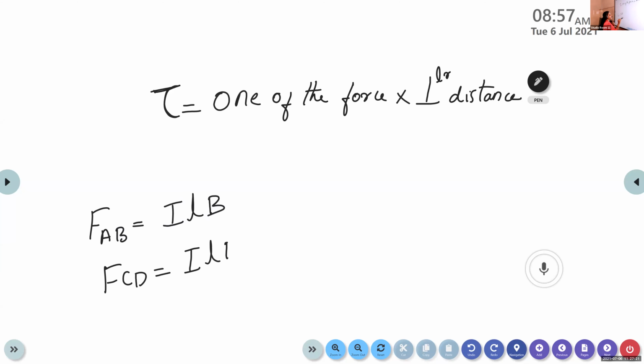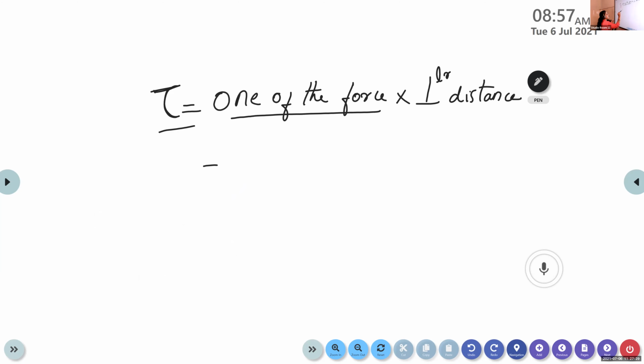So in order to calculate the torque, we can take any one of the force, either this ILB or this ILB. So we are considering any one ILB, the force acting on any one of the sides, either AB or CD, any one of the force into perpendicular distance.